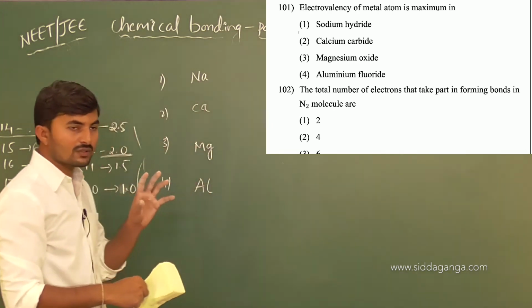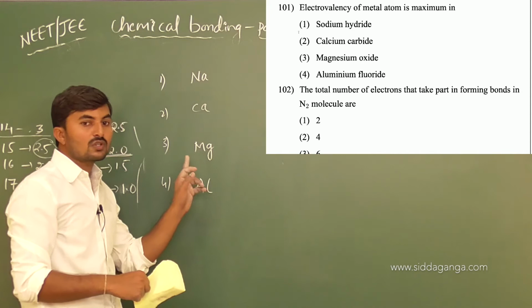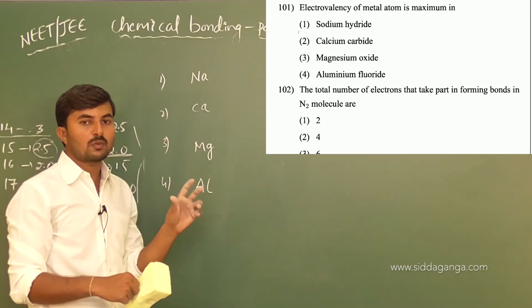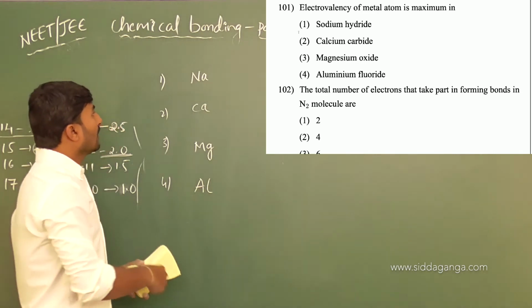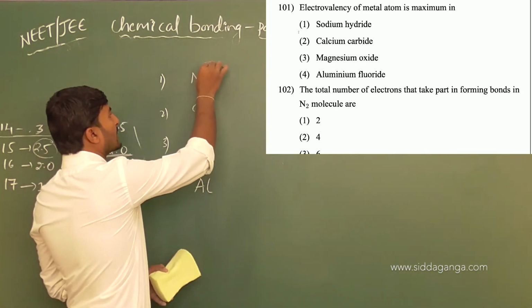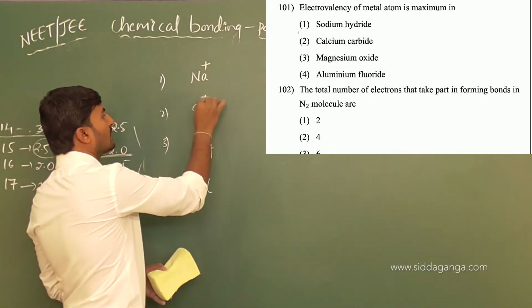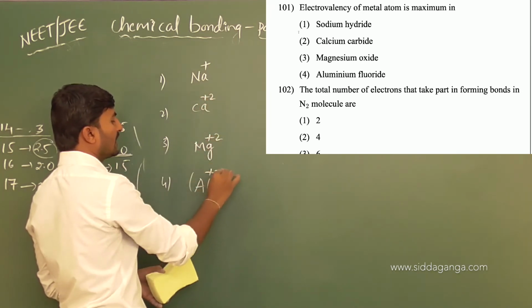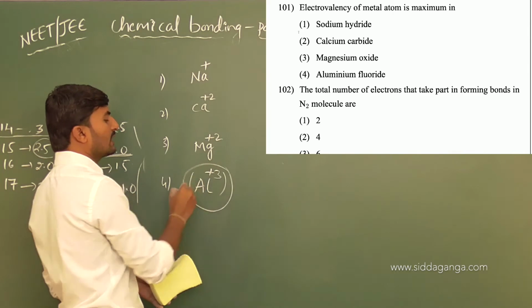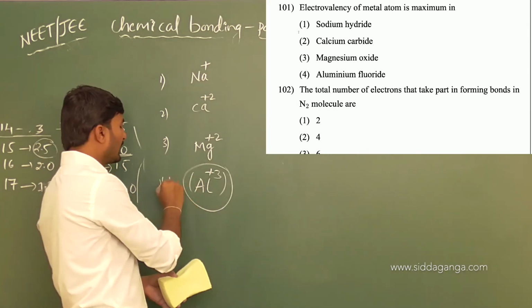What are the possible conditions for electrovalency of metal atoms? That metal atom should have higher positive charges. Look here, the charge of Na is plus 1, Ca is plus 2, Mg is plus 2, but aluminium can exhibit plus 3. Which has the maximum electrovalency then? Al plus 3 ion.